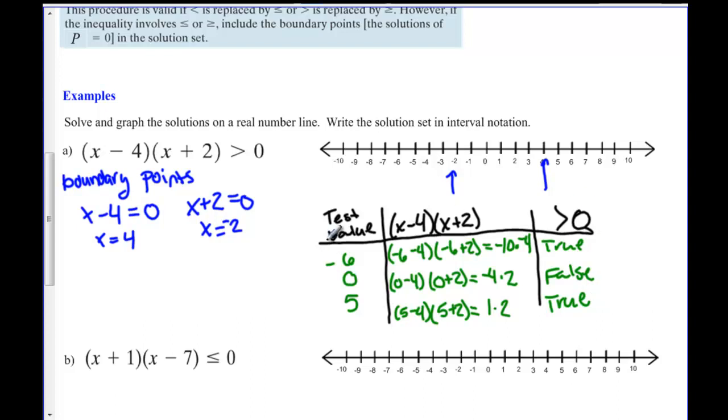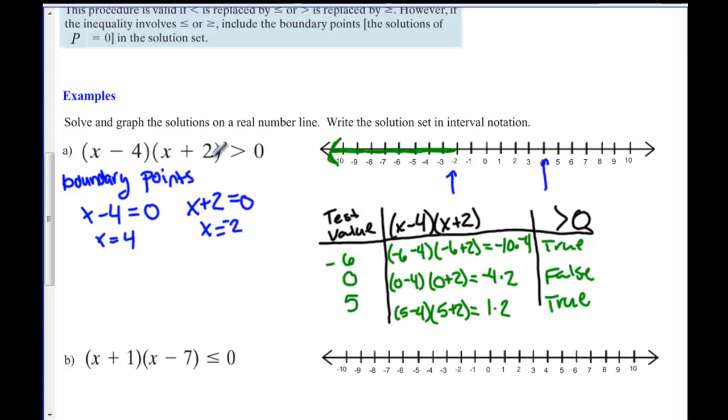All right, so let's go back and we're going to end up marking what we got. So we got our test value of negative 6. So here's our negative 6. That means it is this part, because that was our test value for less than the negative 2. So we've got this going. It was true. At this negative 2, parenthesis or a bracket? The bracket would include it, correct? The parenthesis will not.